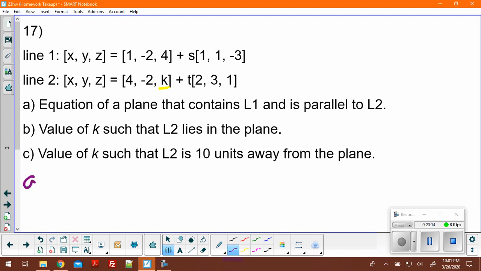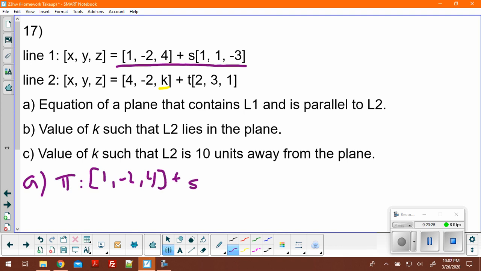So for part A, in the vector form, it contains this line, so that means I've got that point and my first direction vector. And then it's parallel to the other line, so it must contain that vector as well.